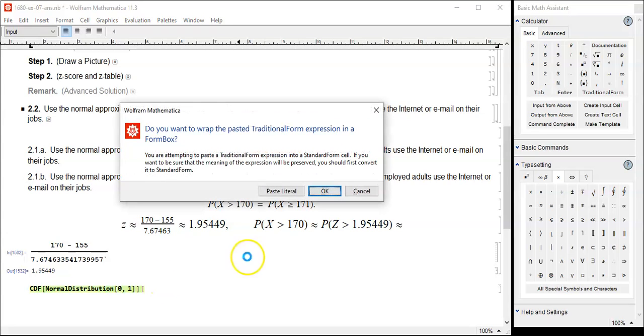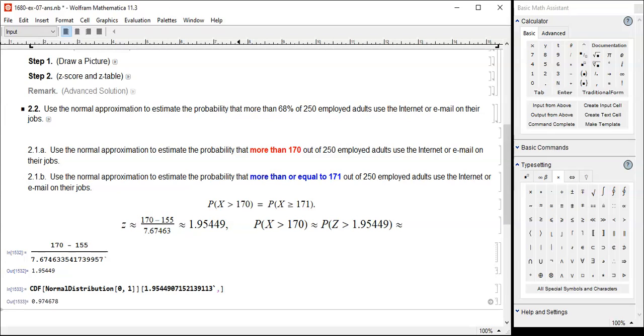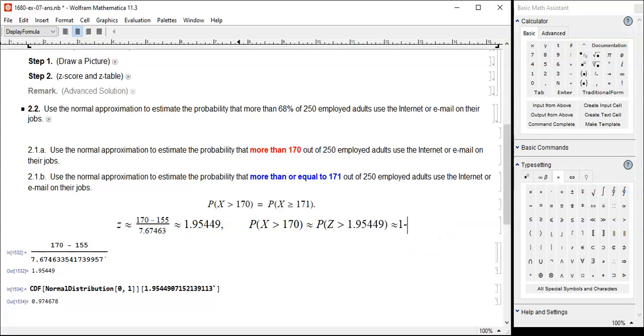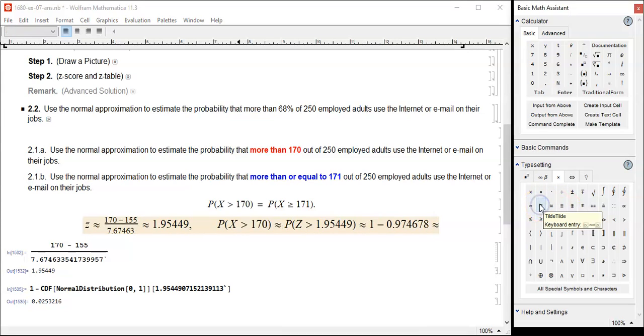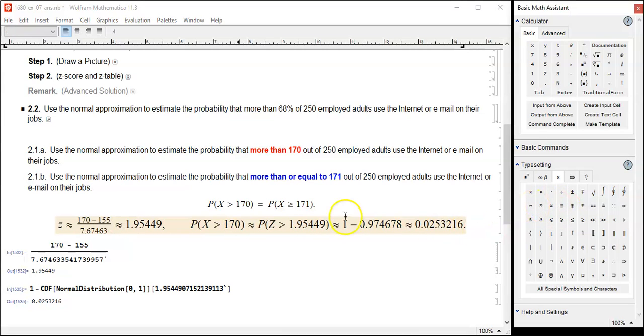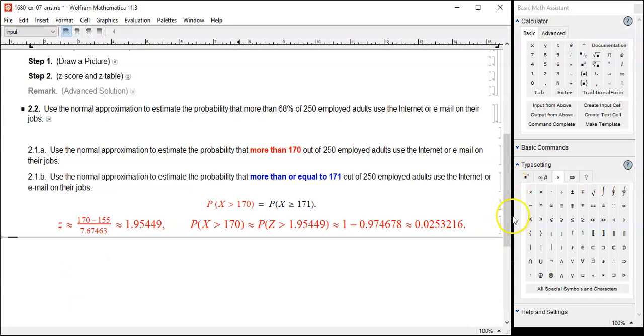Okay, that's it. And 1 minus of that, and there you go. That's what we got before in 2.1 in the answer key over there.